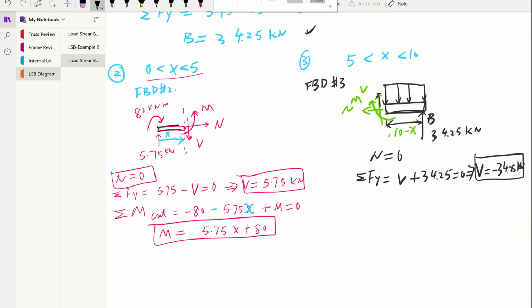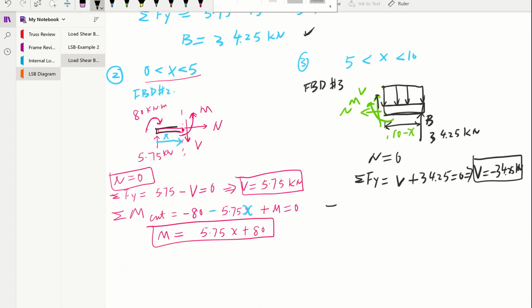Okay. The last thing to solve is the moment where we cut. Okay, so it's at this point. First thing, this internal bending moment you're solving is clockwise rotation, so that will be negative M. Then we need to figure out the distributed load. What is going to be the area underneath this distributed load?